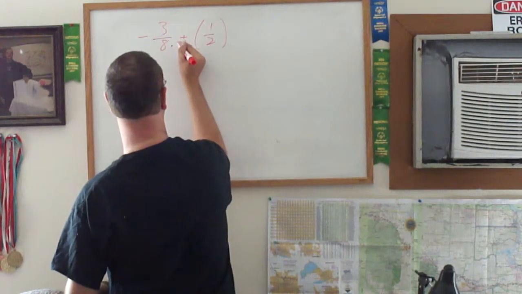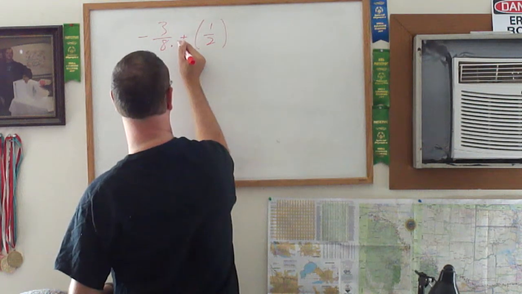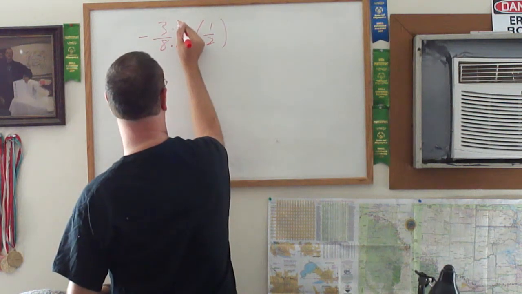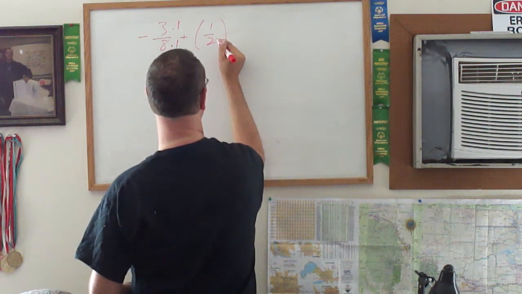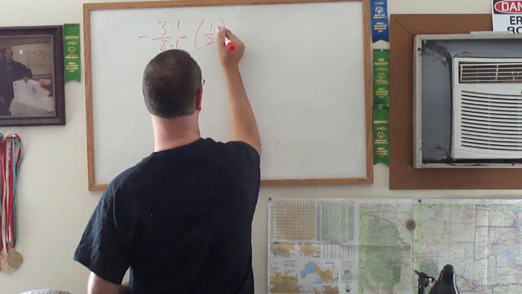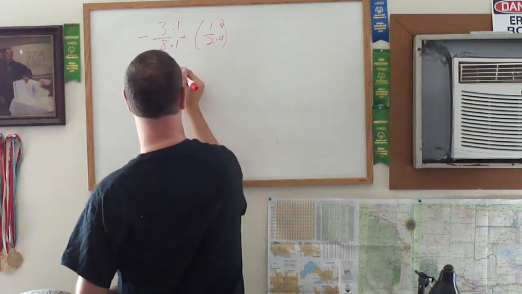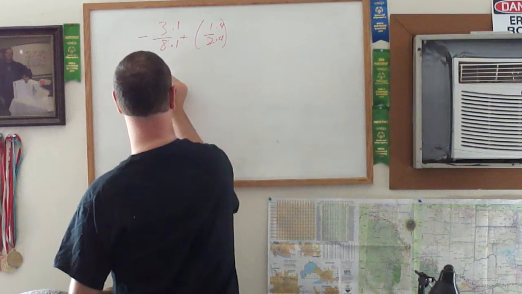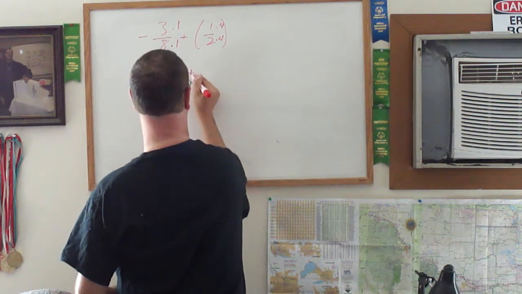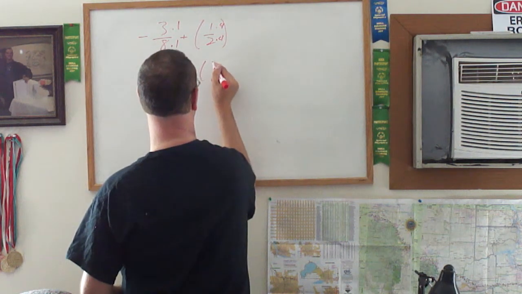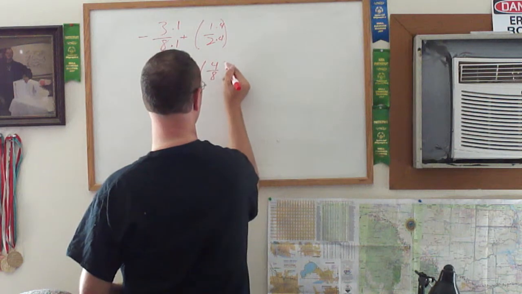So we times that by 1, times that by 4, so we got negative 3/8 plus 4/8.